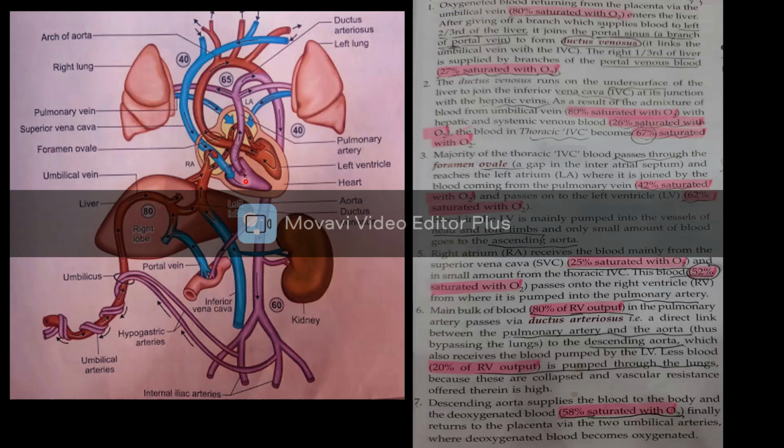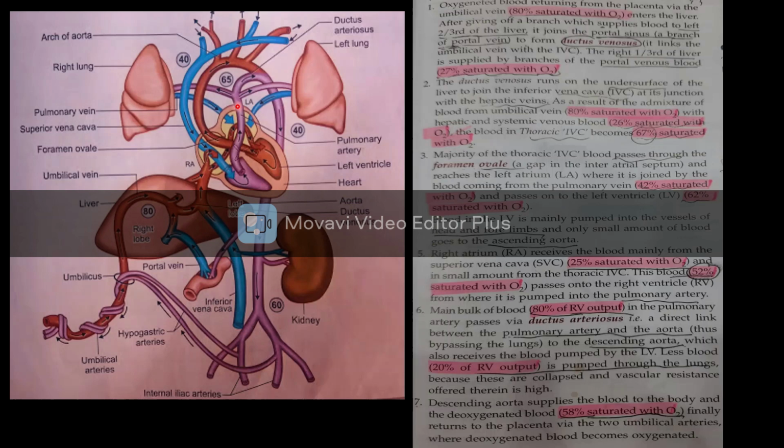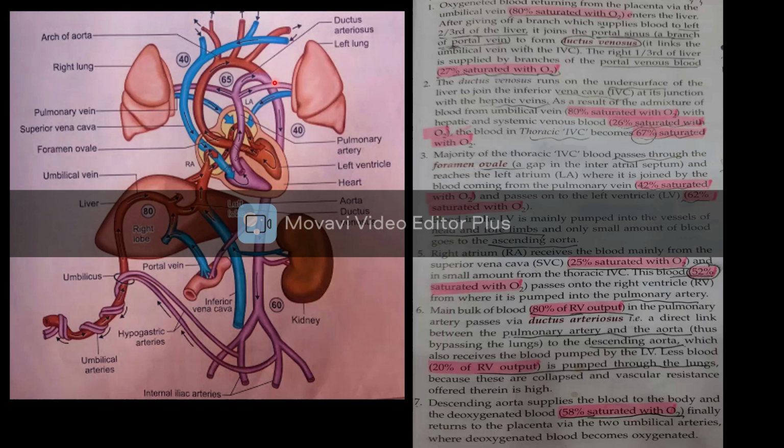Now this blood entering the right ventricle enters the pulmonary artery, where in a normal adult human being it supplies only the lung, but in the fetus, as the blood has to be directly given to the aorta, as it can't be given much to the lungs, as they offer high resistance and aren't functional, it bypasses the pulmonary artery to the aorta.